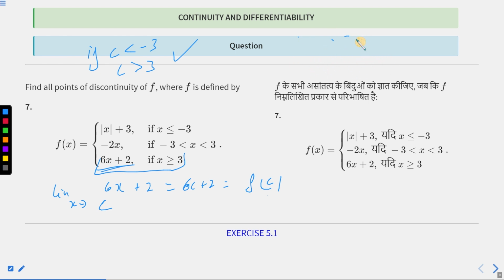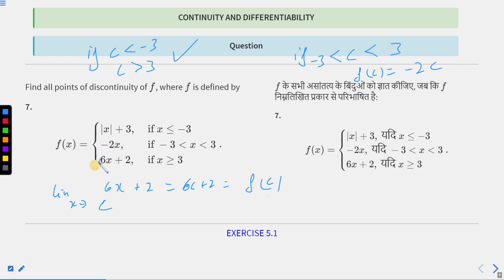Now what about in between them? Let's see, if c is in between minus 3 and 3, then you know that f of c will be minus 2c, as you can see.